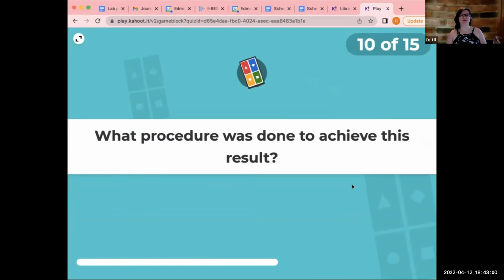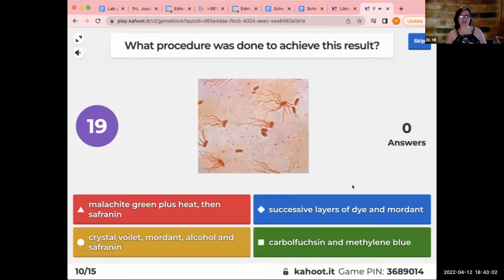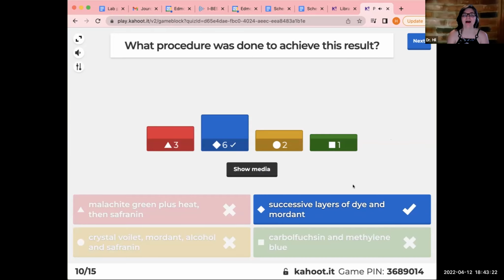What procedure was done to achieve this result? Yeah, it's a flagella stain. So we would apply dye, then mordant, then dye, then mordant, then dye, then mordant until we thickened it up.